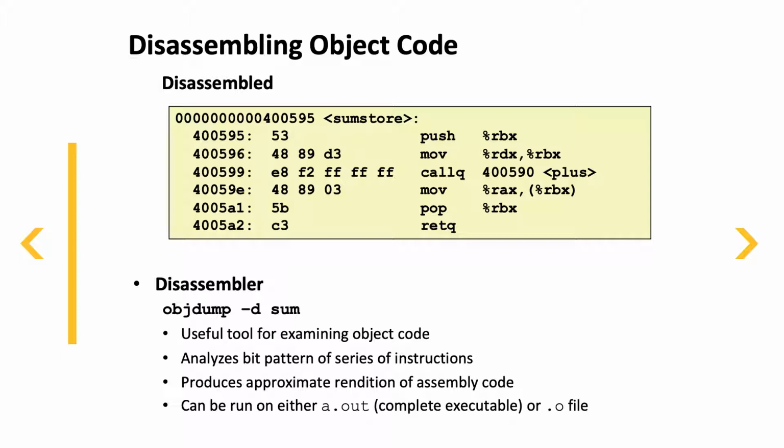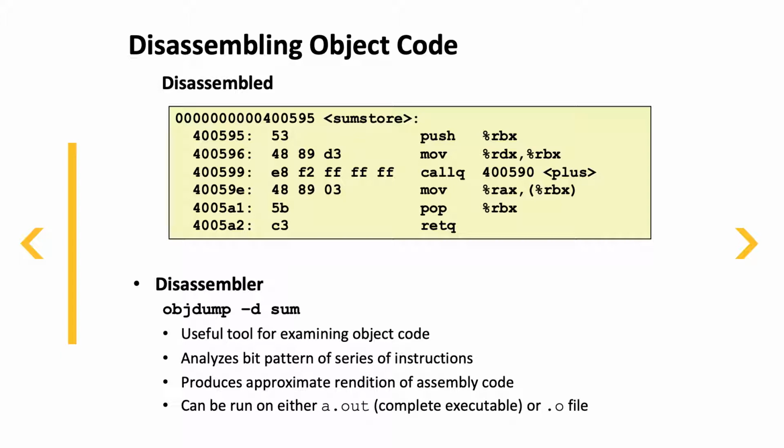That's what you see in this box up at the top here. You can see the addresses that the commands are stored at. Notice that, as a previous slide mentioned, each instruction is 1, 3, or 5 bytes long. It lays out the memory address, the instruction in hex, and then a rendition of what the assembly looks like.